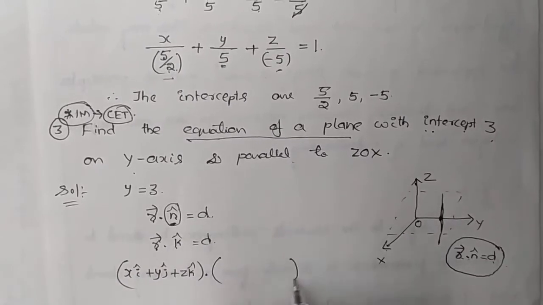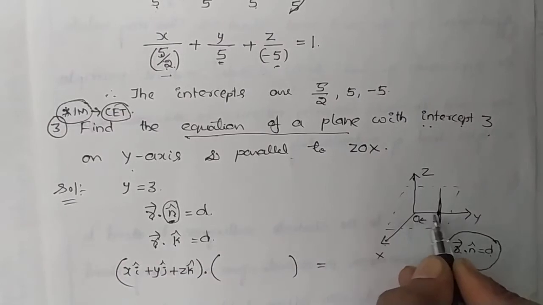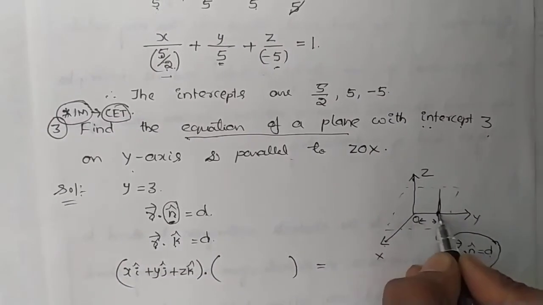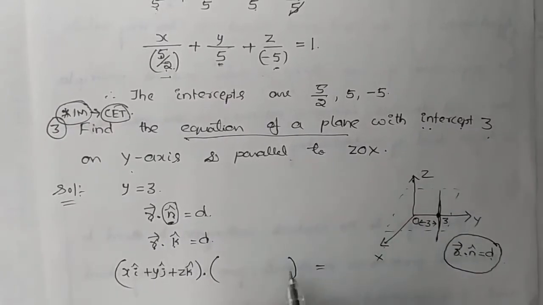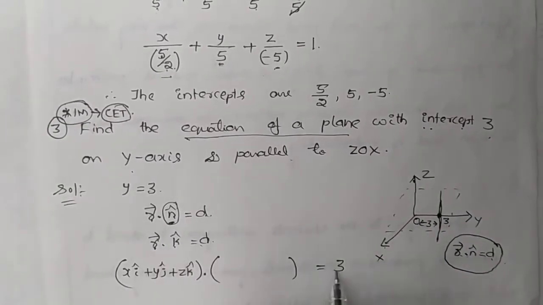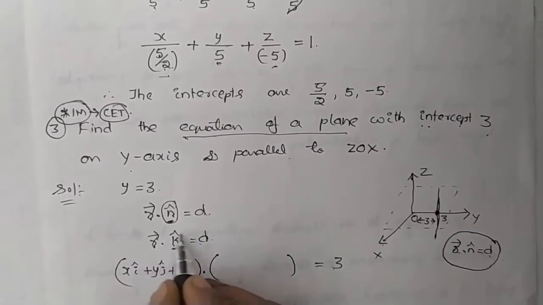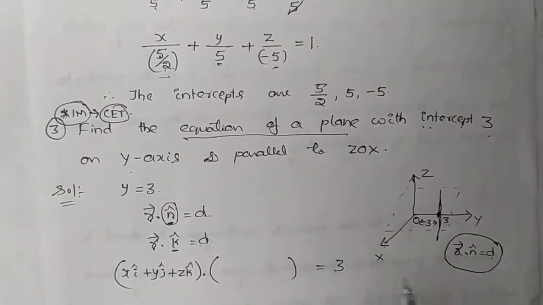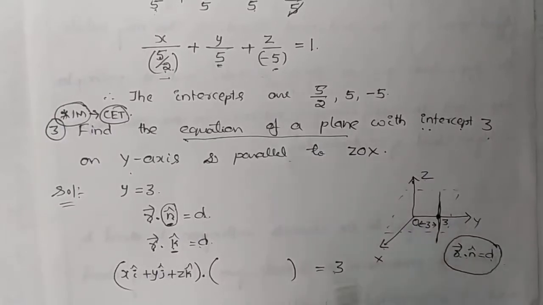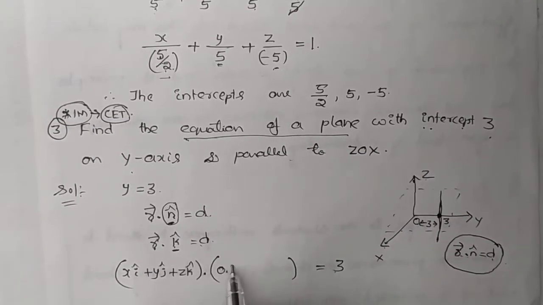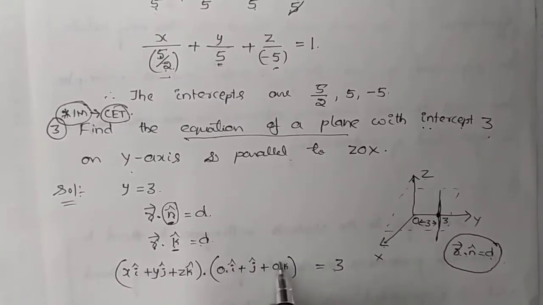Dot, equals d, which is a distance. The intercept on the y-axis is 3, so that distance d is also equal to 3. Now the unit vector is a vector parallel to ZOX, which is 0i plus j plus 0k.